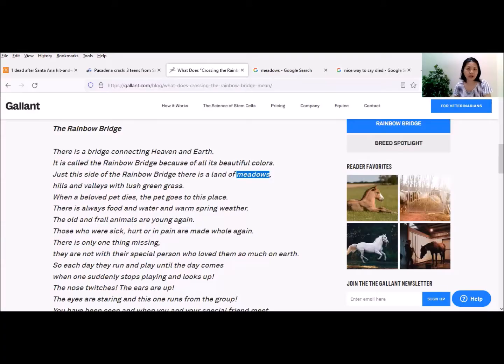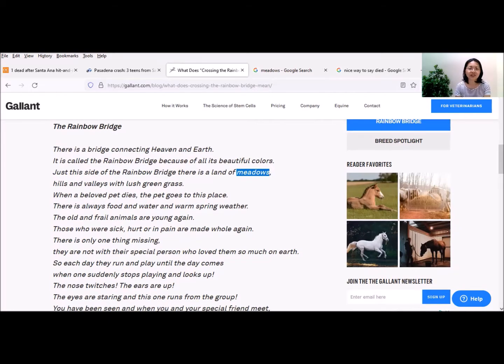You can think of it as a rainbow-shaped bridge. It's kind of a mythical bridge that connects the earth to heaven. So when we talk about an animal crossing this rainbow bridge, it symbolizes that the animal is in heaven and is waiting for its owner to come and meet again.